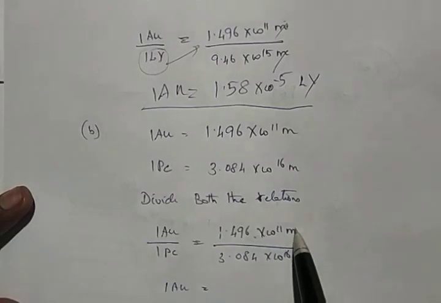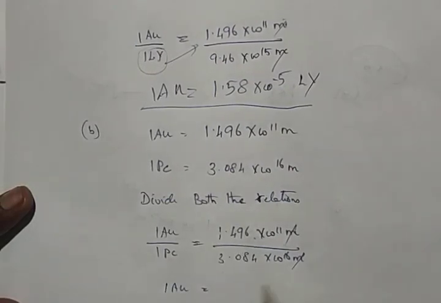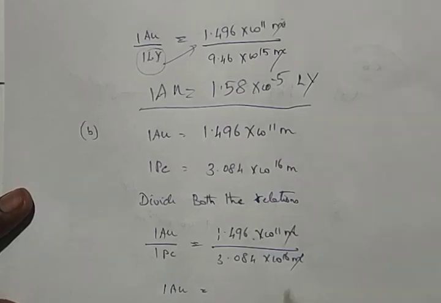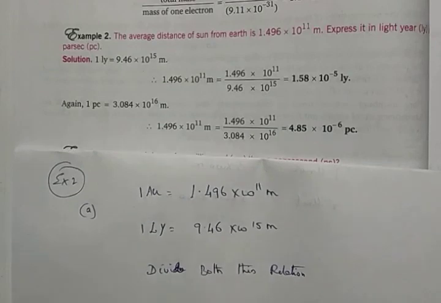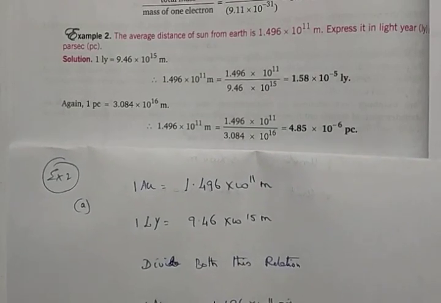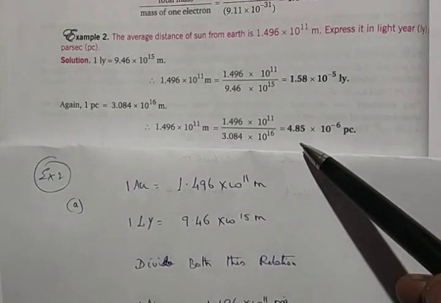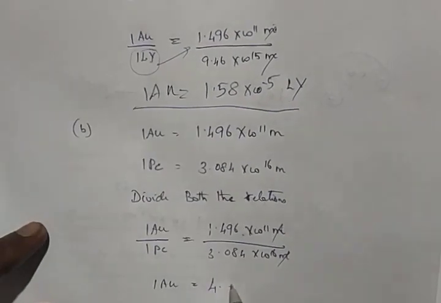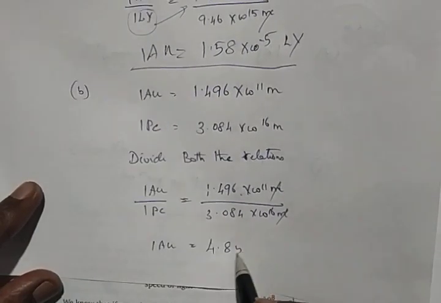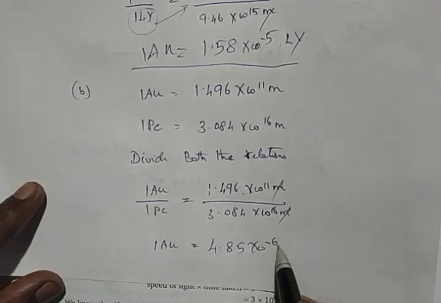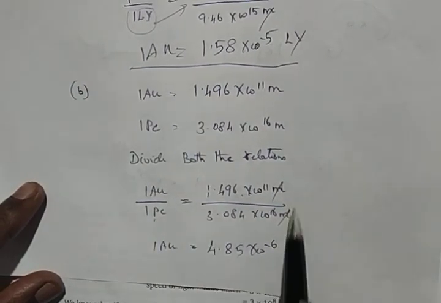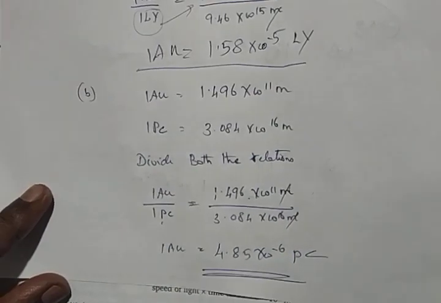So these 2 meters get cancelled out. Now find out this whole calculation and write the answer. So that calculation makes it 4.85 into 10 to the power of minus 6. This parsec will go up. That is the answer here.